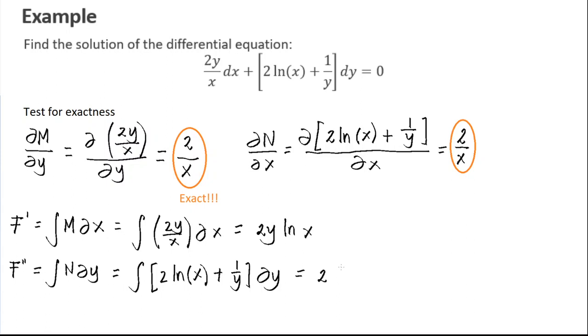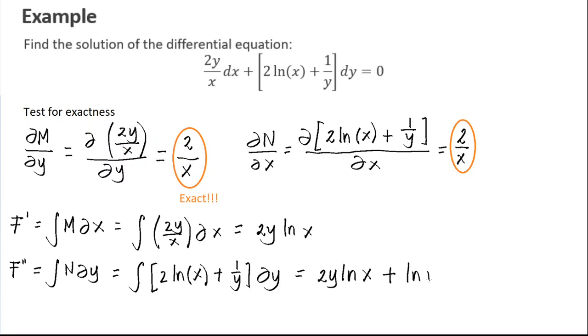This is the constant, and the integral of the remaining, which is 1 dy, that is just y. Okay, guys, I hope you are catching up. If you don't, then ask help from your classmate. So what is the integral of 1 over y? We are now at this part.